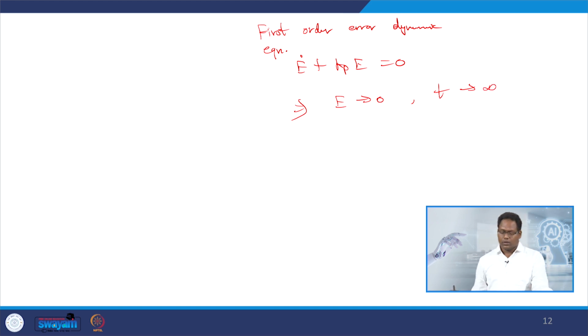Okay. So, depending on the positive values of Kp, we can ensure that e tends to 0.